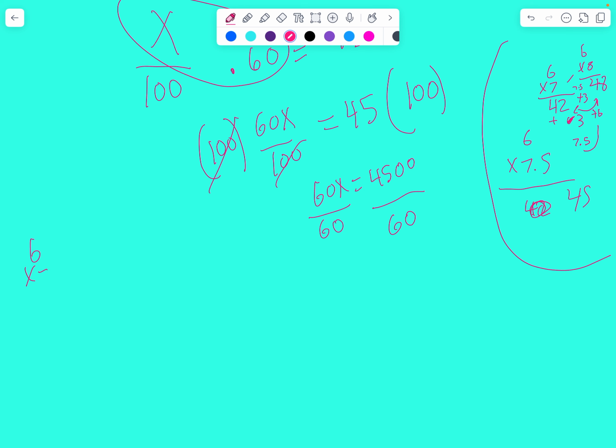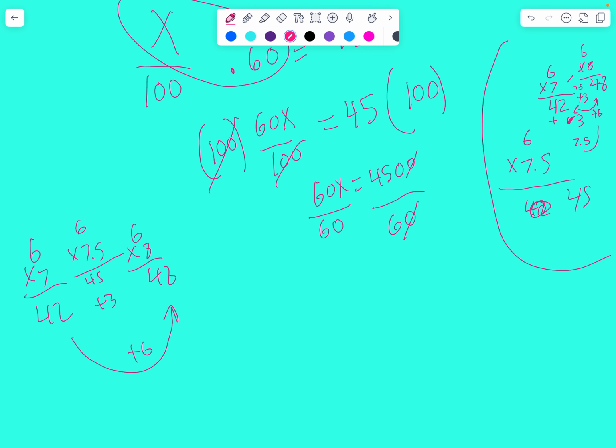Let me explain this right. So if I have 6 times 7 is 42. 6 times 8 is 48. You guys know what I'm trying to say. 6 times 7.5. So this is up to 6. What's half of 6? 3. 7 and 8 is 7.5. So by adding 3, it's 45. 6 times 7.5 is 45. That's how you could see it. So by doing that, I can cancel a 0 here and a 0 here.